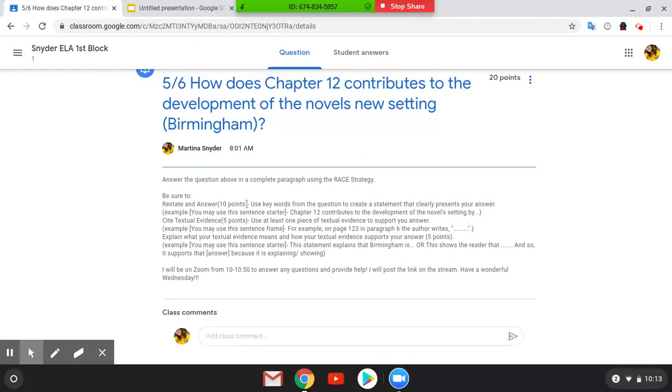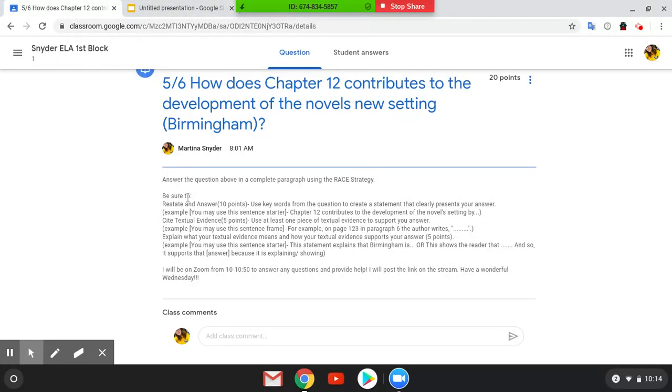So right here on the instructions, I reminded you what each of these means, and I gave you a sentence starter or a sentence frame to help you write your paragraph.